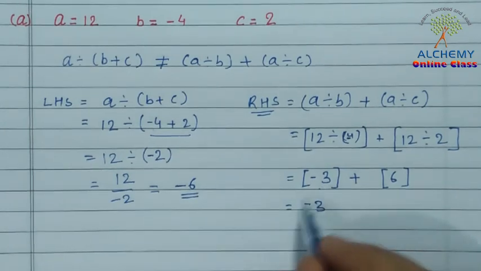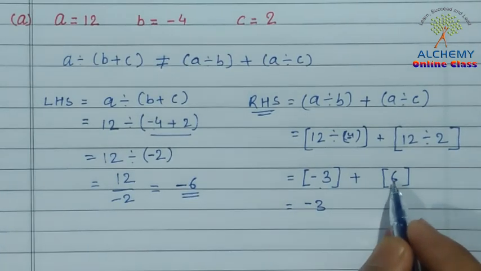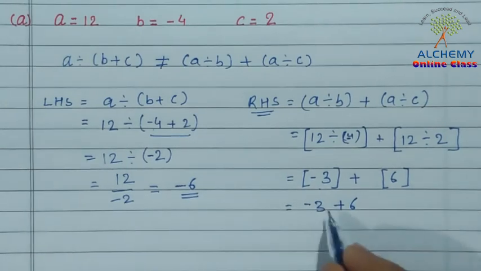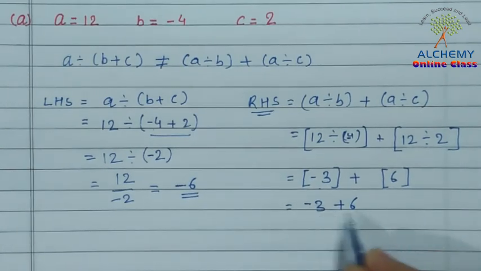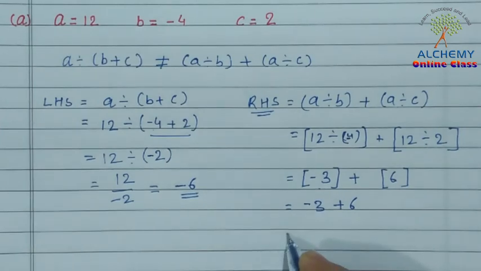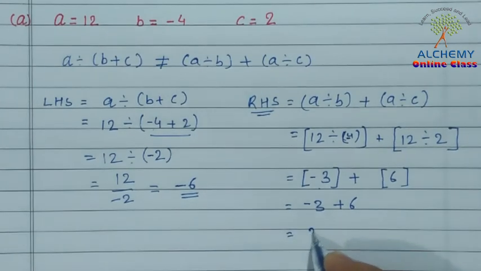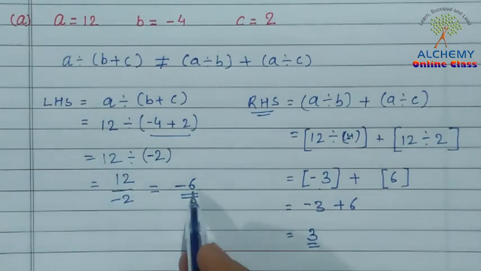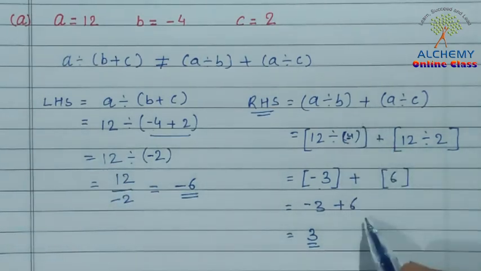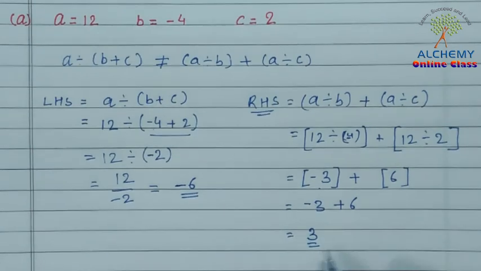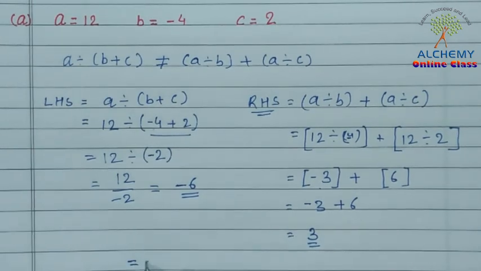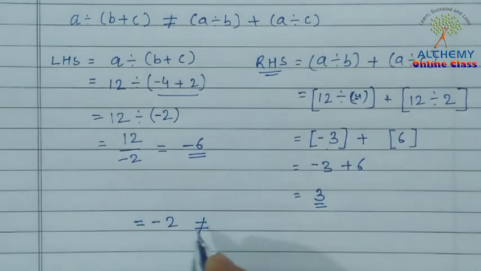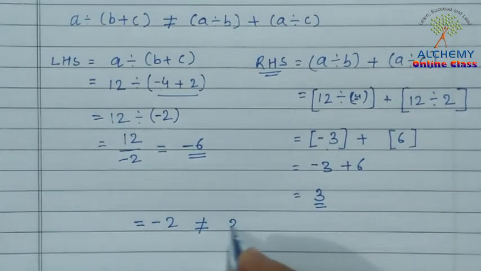So we have -3 plus 6 here. One is negative, one is positive, so the answer will be 3. For the left hand side we got the answer -6, and for the right hand side we got the answer 3. So we can say -6 is not equal to 3.